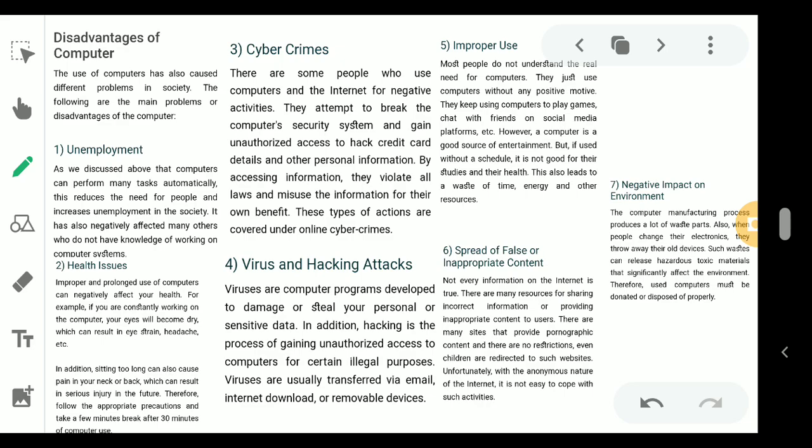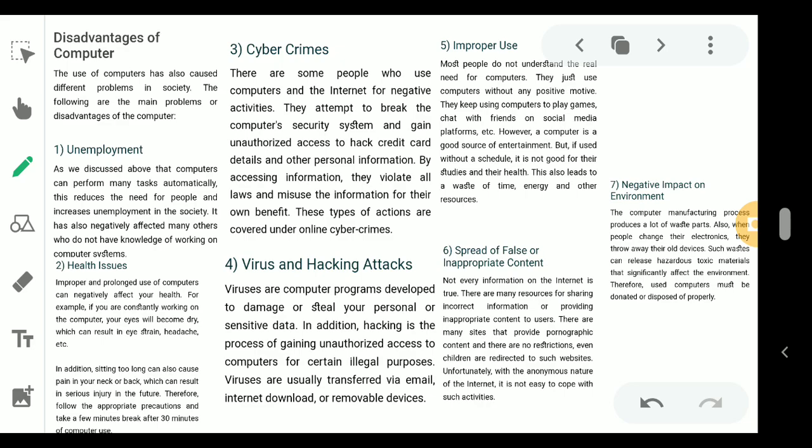Okay, and now another main problem is viruses and hacking attacks. Viruses are computer programs developed to damage and steal your personal or sensitive data. Hacking is the process of gaining unauthorized access to a computer. Viruses are usually transferred via email, internet downloads, or removable devices like pen drives.